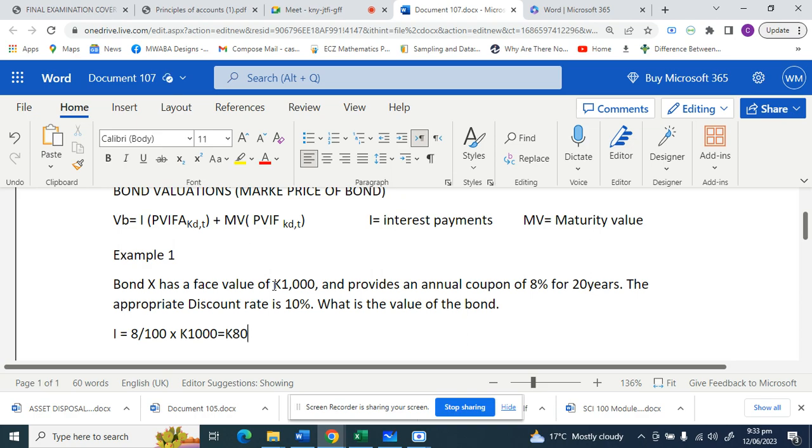You purchase this bond at the Securities Exchange, you'll be receiving interest payments of 80 kwacha. Since it's for 20 years, you'll be receiving 80 kwacha, 80 kwacha, 80 kwacha, until the 20th year arrives, and you receive your last 80 kwacha and the maturity value. In this case, the maturity value is usually the face value of the bond, unless it is stated otherwise.